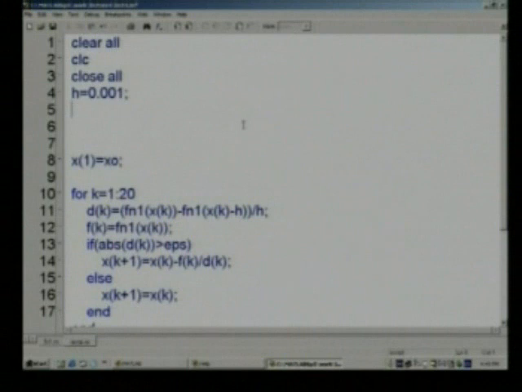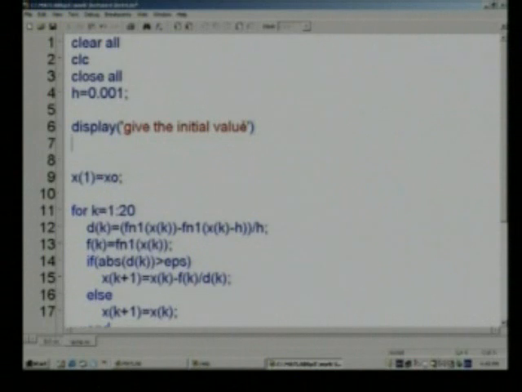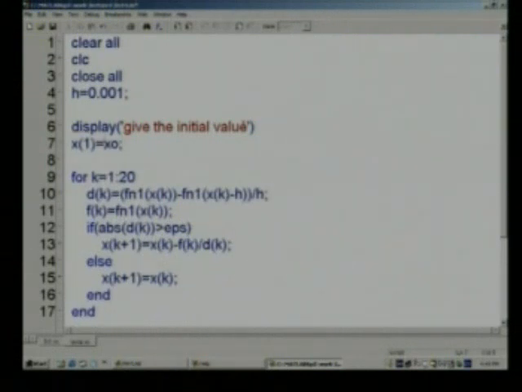So how shall I do it? I shall use display. See how I am using display. I will write give the initial value, then I shall take x1 is equal to input. Now see what is happening.